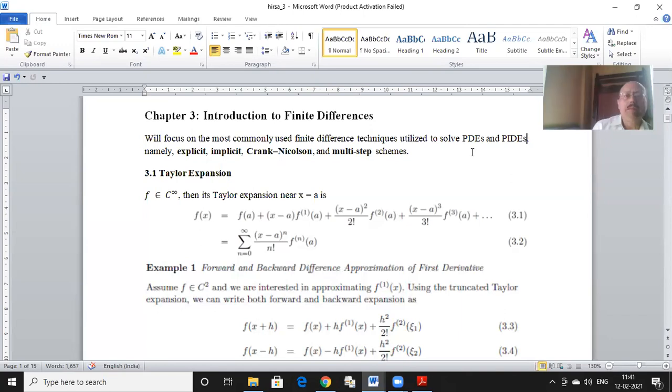But anyway, the finite difference techniques will be the same toolbox, and there will be 4 methods in particular that we will be talking about: explicit, implicit, Crank-Nicolson, and multi-step. Why are we learning so many? We will see that they achieve different levels of precision, and also there are computational complexity issues.